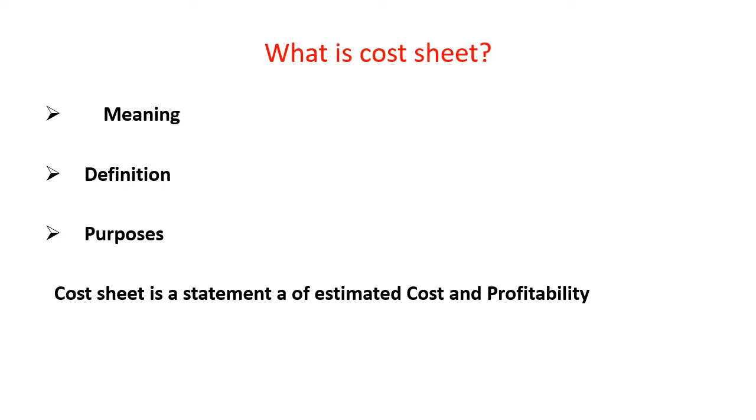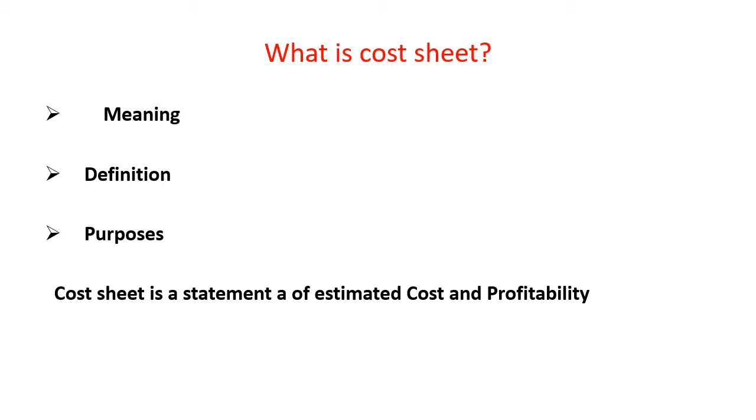Cost sheet is defined as a document which provides for the assembly of the estimated detailed cost in respect of a cost center or cost unit. This definition is given by CIMA London.